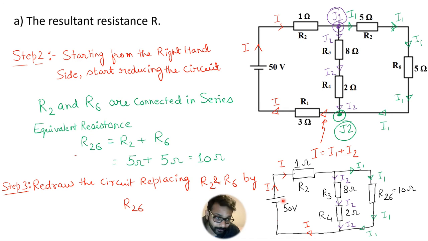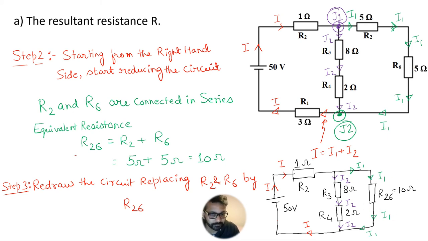Although this redrawing of the circuit is a bit painful for some, it is quite essential because it divides the question into smaller steps and helps us to visually see what we are doing. So as you can see, I have replaced these two resistances by its equivalent R26 over here.